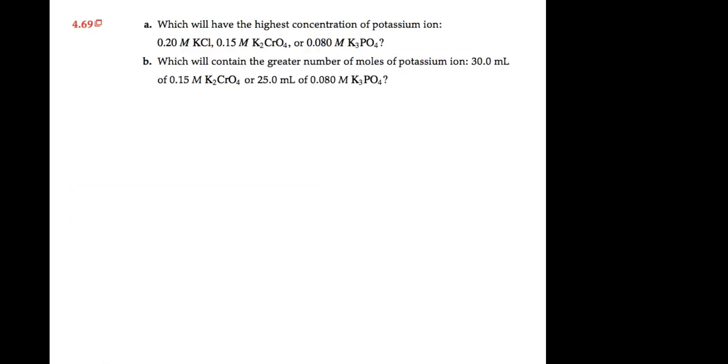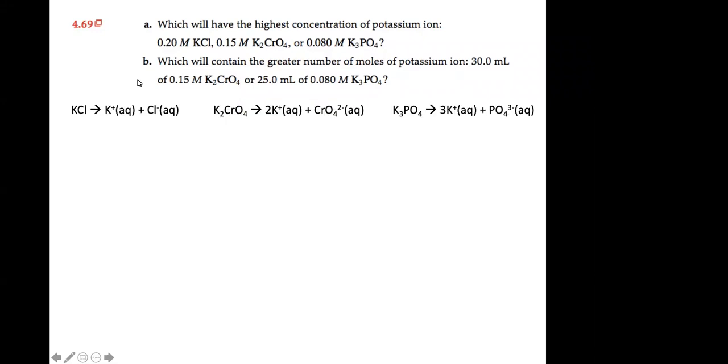This is where we are then wrapping up. We had 2 sets of questions. The first one was in 4.69a, looking at the highest concentration for potassium ion. And we had 3 different solutions. You notice there are different molarities. We can't just look at the molarity all by itself because they dissociate and give me potassium ions in different ways. KCl will give me 1 potassium ion per formula unit.